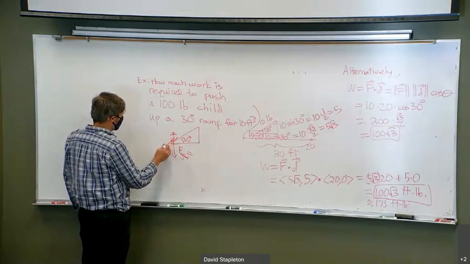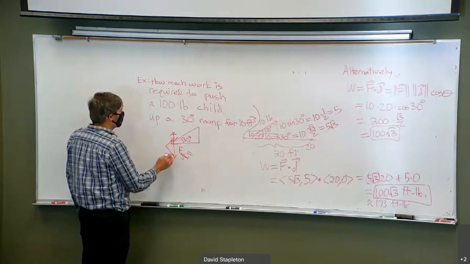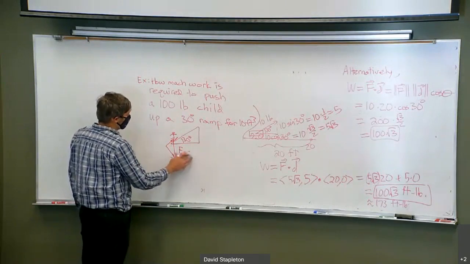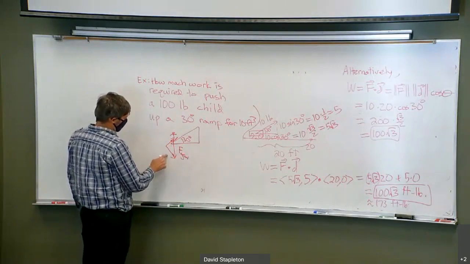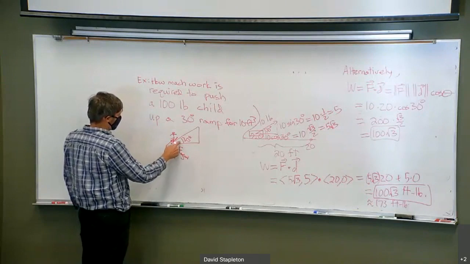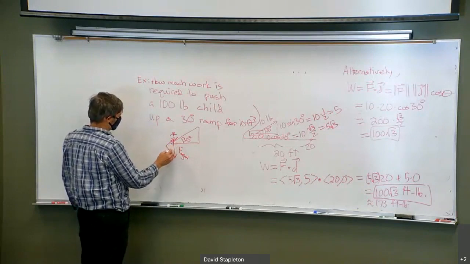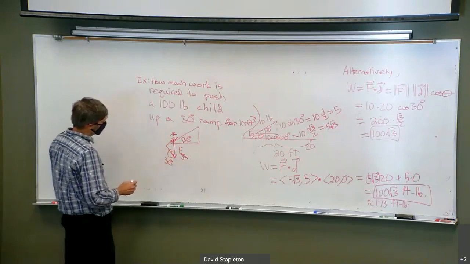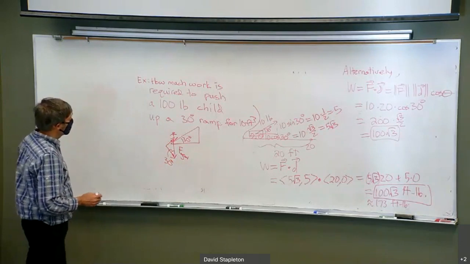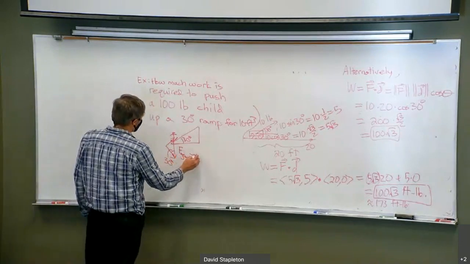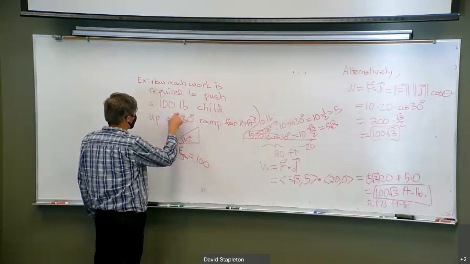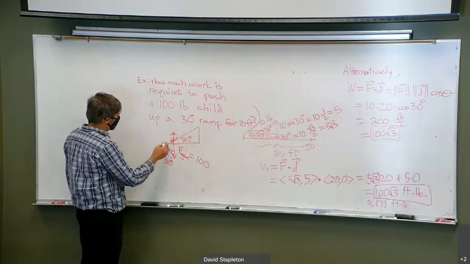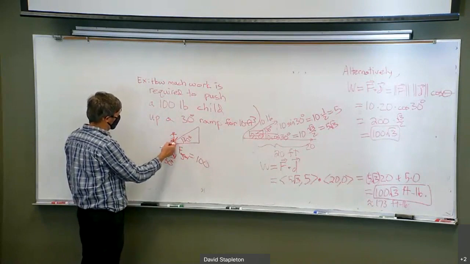You can break it into a component this way, and this way. Now, if this is a 30-degree ramp, then by similar triangles, this is also 30 degrees. The force of gravity is 100 pounds, right? Pounds is a force. And so what is the component of force that's pushing the child downward?